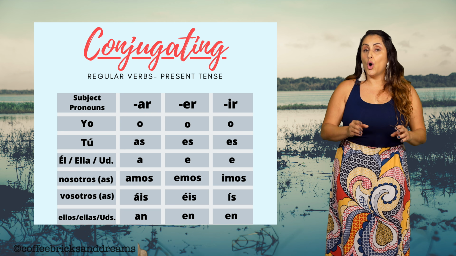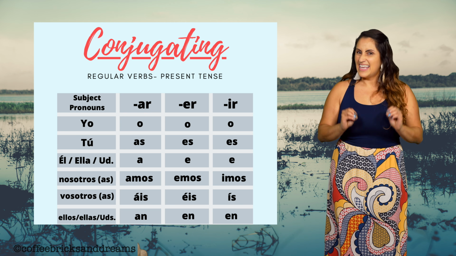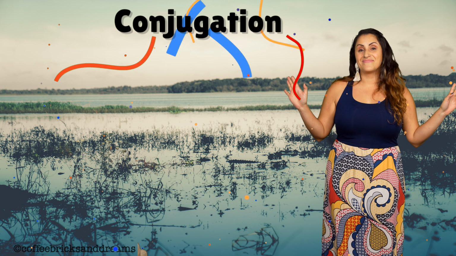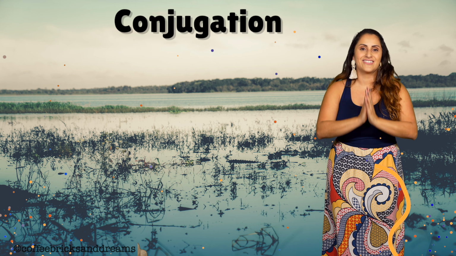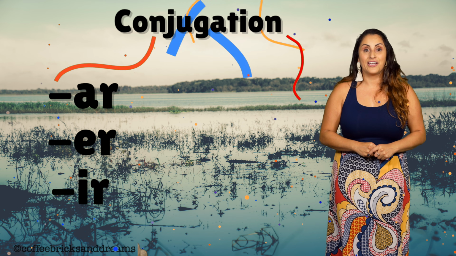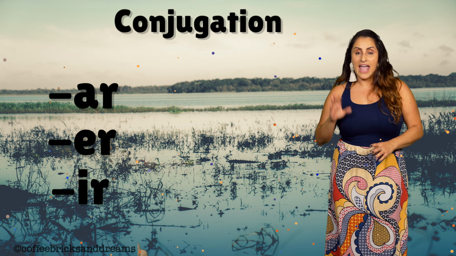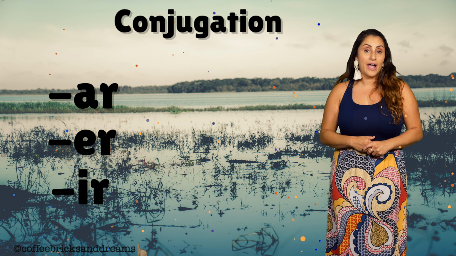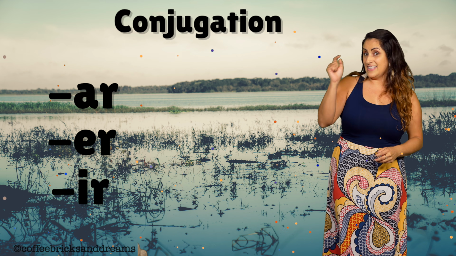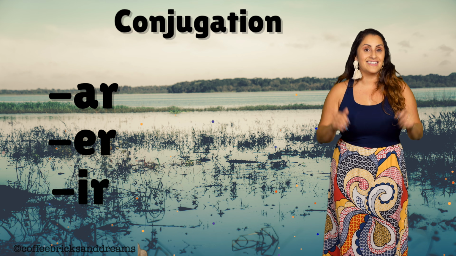IR verbs, o, es, e, imos, ís, and en. And that's it. That is all there is to conjugation of regular AR, ER, and IR verbs. You should be able to conjugate any regular verb that comes your way, making sure that you follow all of the things that we've discussed in the AR verb lesson and in today's lesson.